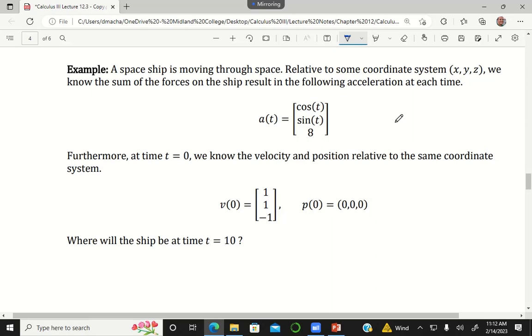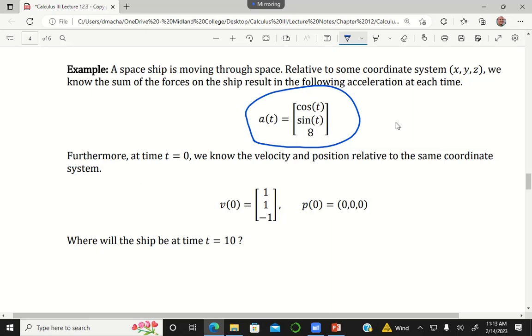But we know that the sum of the forces on the ship, if you've ever drawn a free body diagram in physics, you draw all the forces acting on the ship, gravity and the propulsion from the thrusters and whatever, and then take the sum of the forces. That vector describes the direction of the acceleration of the object. And so this is the resulting acceleration vector as a function of time.